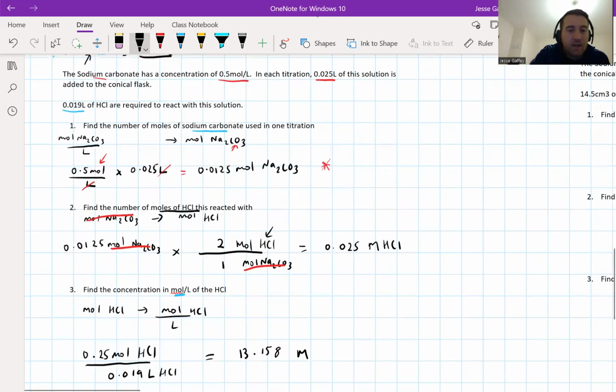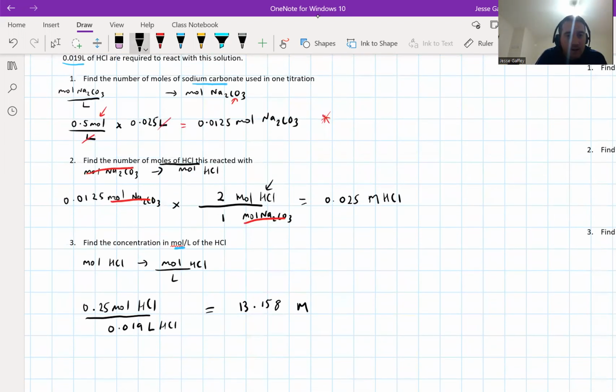And that means that down here, I need to change it in the numerator as well. It's 0.025, and then I'm going to divide that by 0.019. And my answer is coming in at 1.318 now. And that seems much more plausible. 1.318 molar HCl.